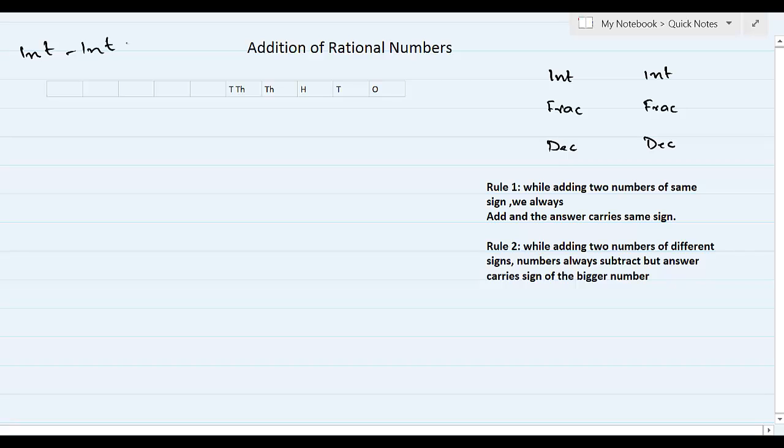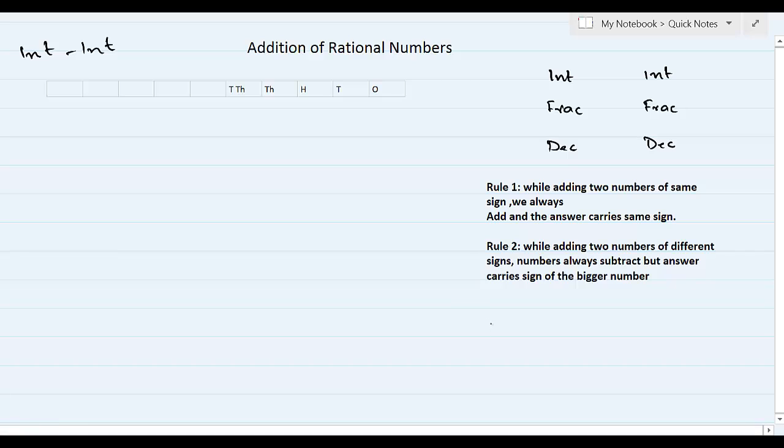And for this purpose, these are the laws or the rules. While adding two integers of the same sign, we always add and the answer carries the same sign. If two numbers being added are positive, the answer will carry the positive sign, and if the two numbers being added are negative, the answer will carry the negative sign.